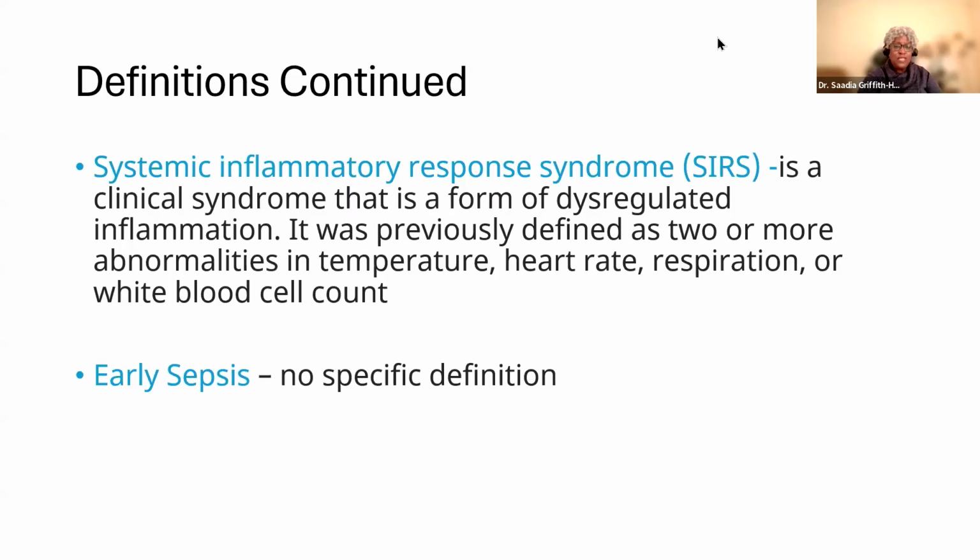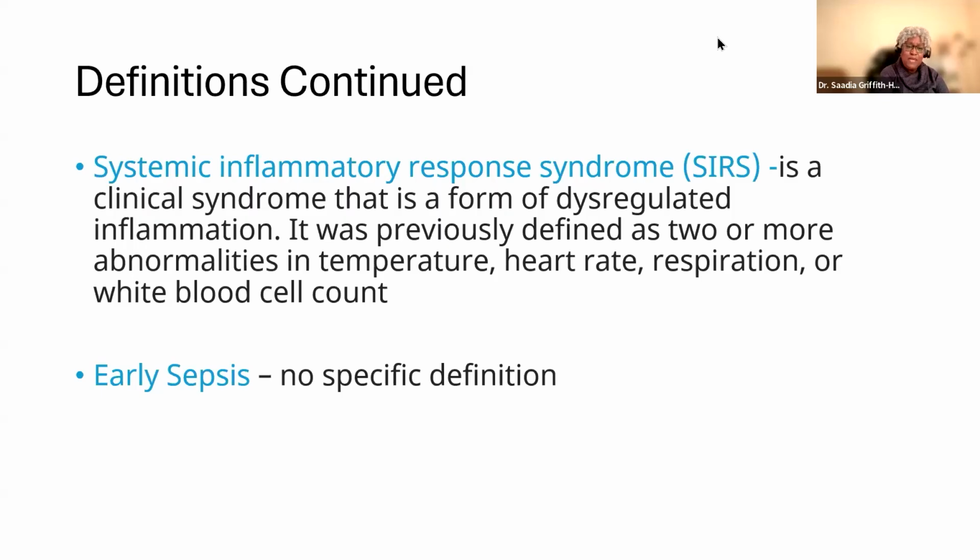Now, SIRS has fallen out of favor and is not used as much because it can also apply to things that are not infectious. If you think of a patient with severe pancreatitis, they can have elevation of their temperature, heart rate, respiration, and so on, and that has nothing to do with infection at all.